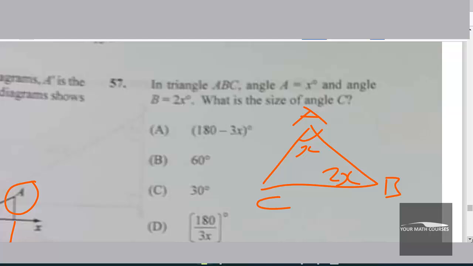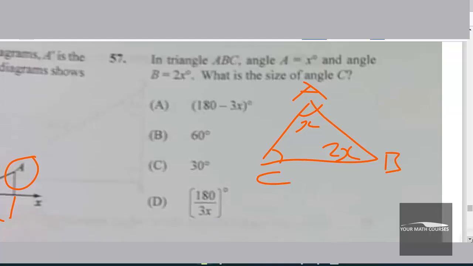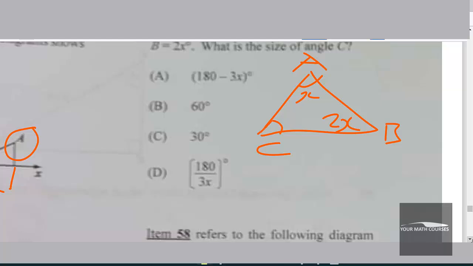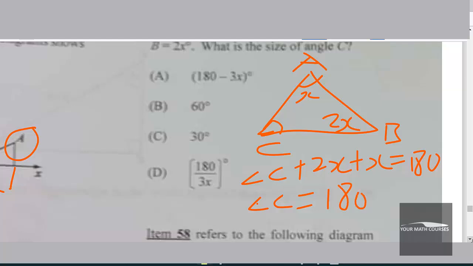What is the size of angle C? This angle here. The sum should be 180. So for the one left, angle C plus 2x plus x should be equal to 180. So angle C will be equal to 180 minus 3x. So the correct answer is option A.